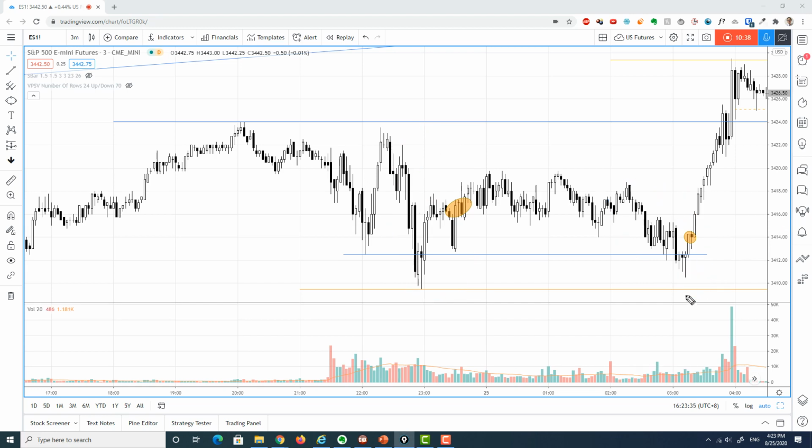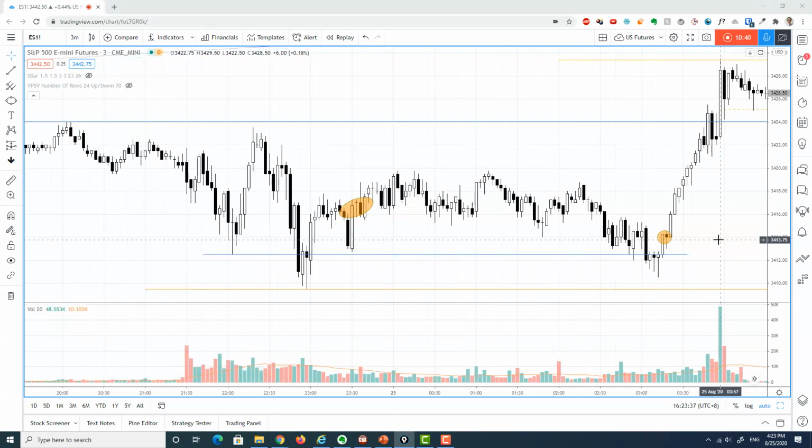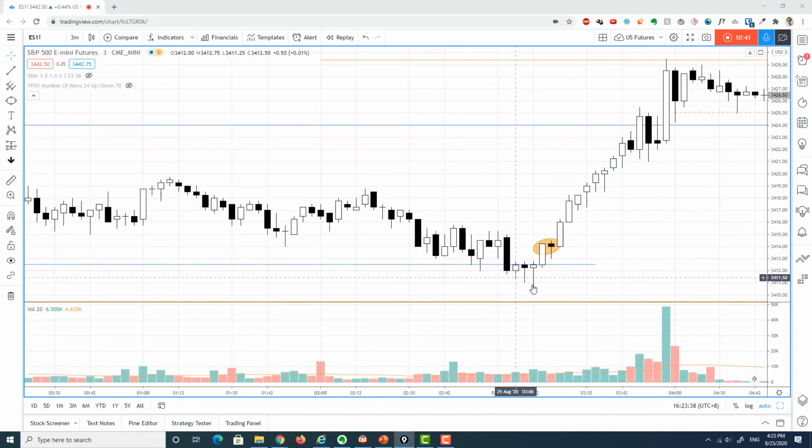And let me just zoom in a little bit more, see what else we can get here. Okay, so we have three bars just below the supporting level, temporarily committed below. But look at these three bars. Definitely we see the demand come in, especially on the third bar.